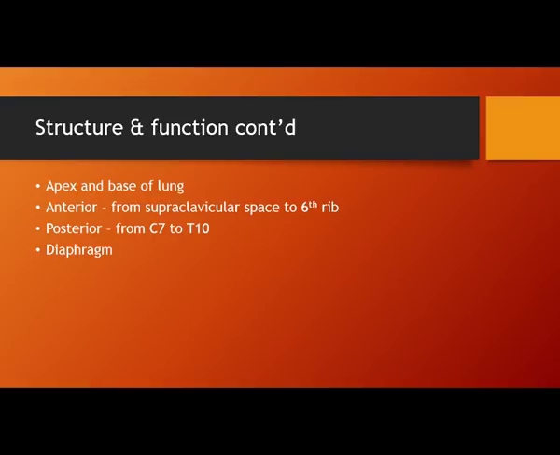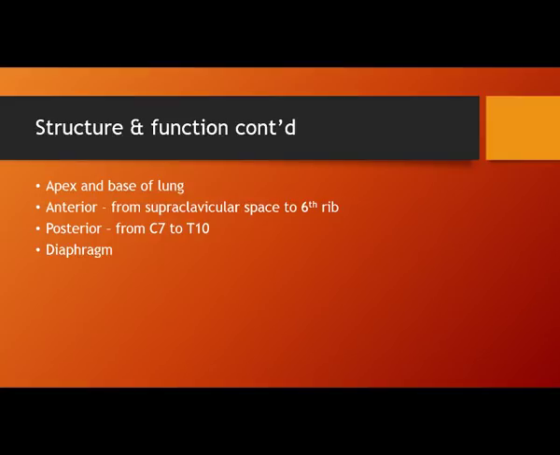The lungs will go from anteriorly. There's a small portion of the lung that is above the clavicles in what we call the supraclavicular space, and then they'll extend down to about the sixth rib. And this is going to depend also on whether you're inhaling or exhaling.